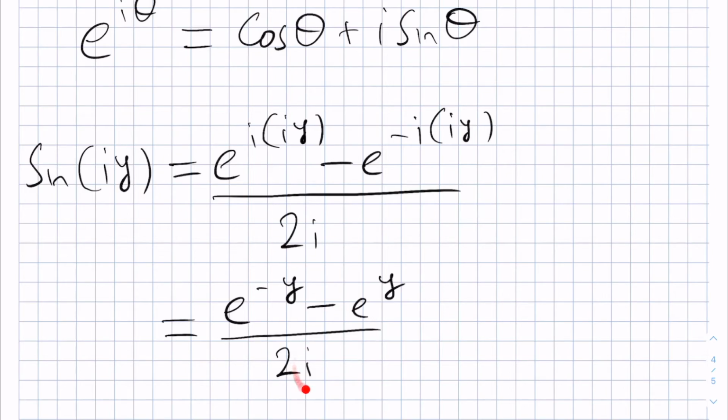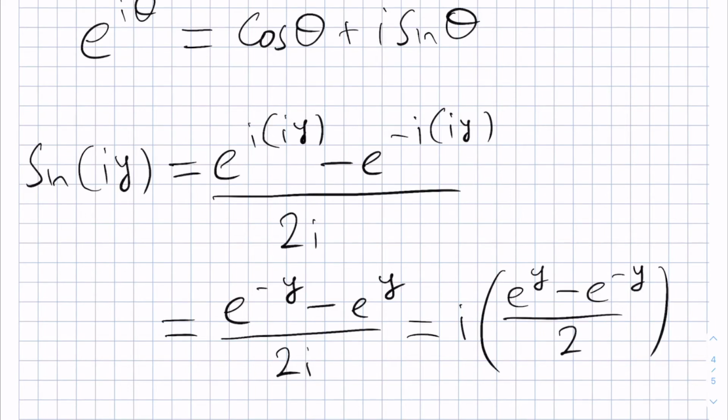Then we can bring this i to be up here, which gives us a minus sign, so we can put the minus sign and flip these two things around, giving us i multiplied by e to the y minus e to the minus y divided by 2.